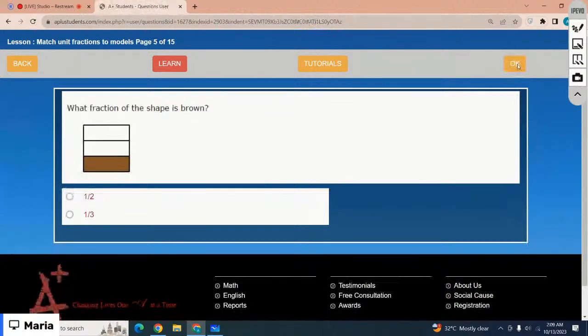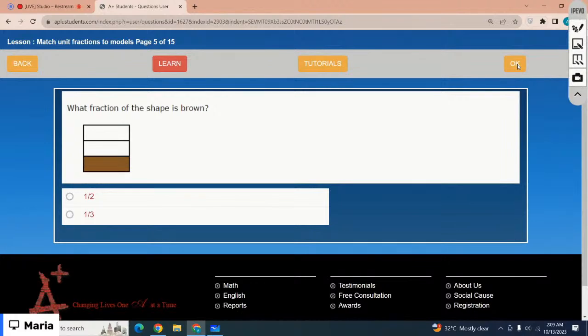What fraction of the shape is brown? The correct option is 1 out of 3.